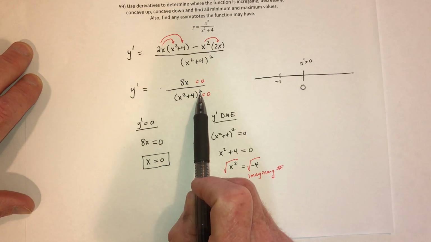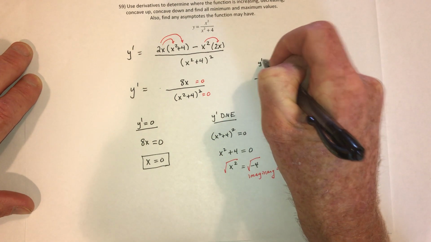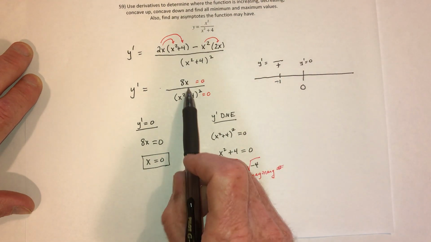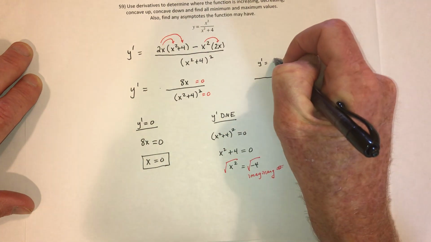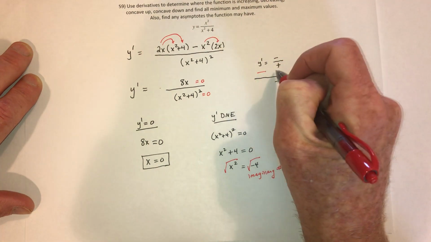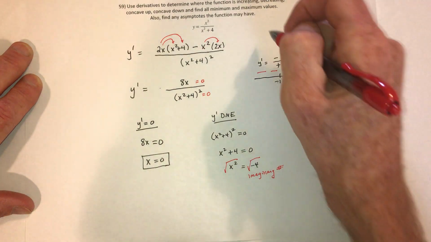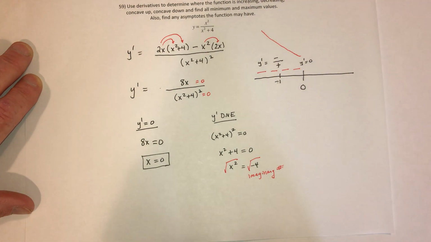And when you square it again, that's definitely going to be positive. So the derivative is going to equal a positive on the bottom. And if you substitute a -1 here, it's going to be -8. So it's going to be a negative divided by a positive, which is negative. So that means that the function is decreasing. So it's decreasing on the left side.